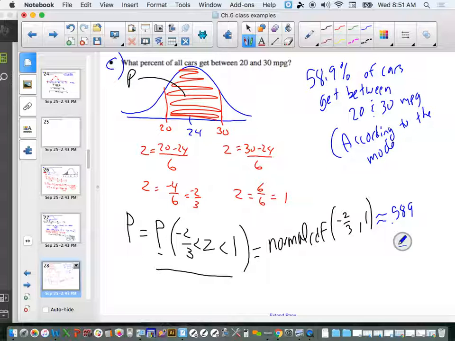I say that because it's not a bad habit to get into. That isn't guaranteed, right? There's a saying, all models are wrong, but some are useful. Okay? It's probably not exactly 58.9%. But that's what this normal model that we've used to represent the distribution of fuel economies of cars tells us it'll be.